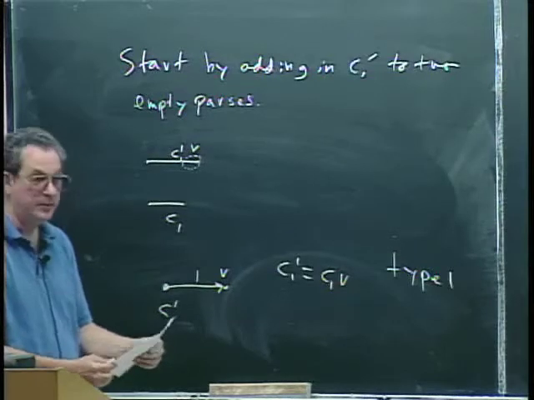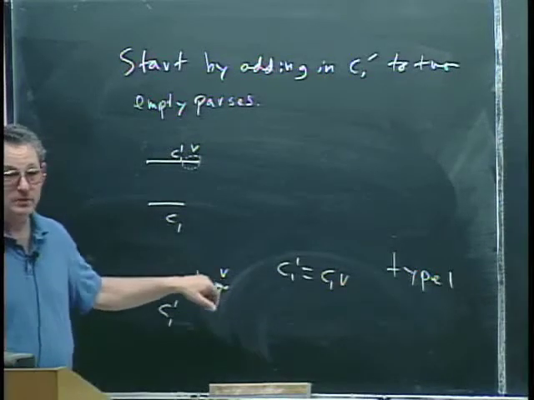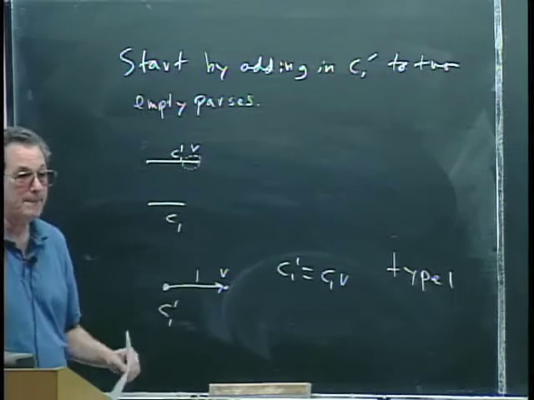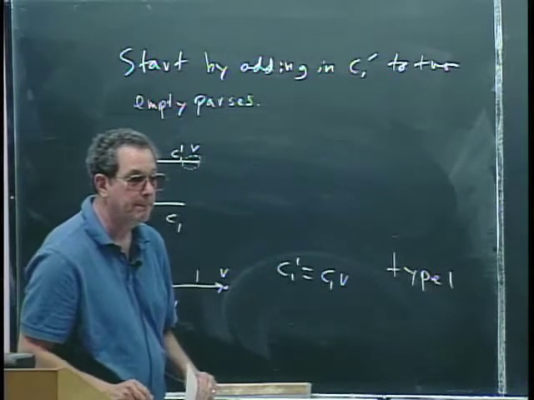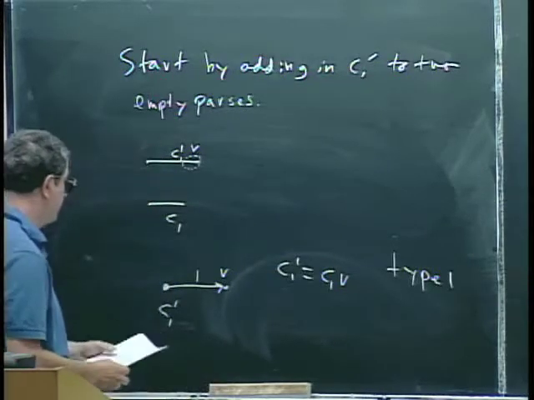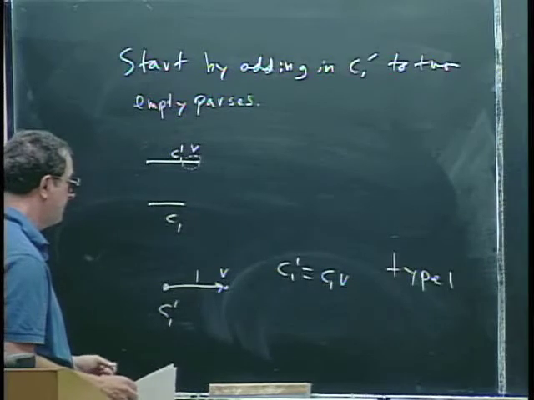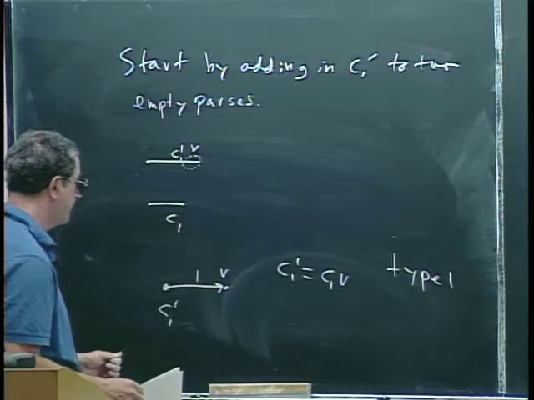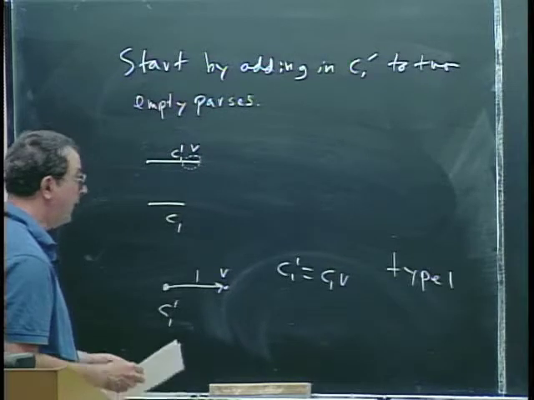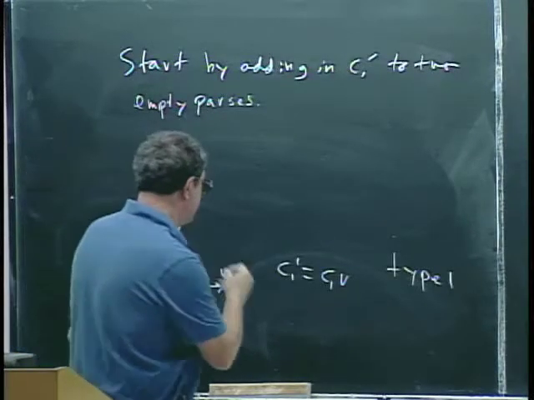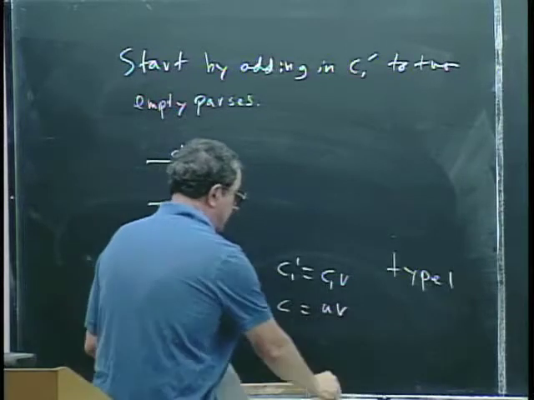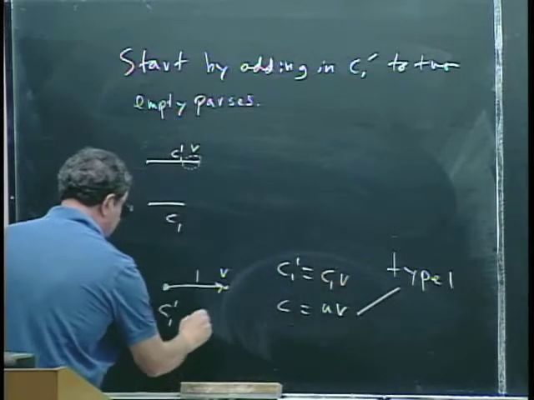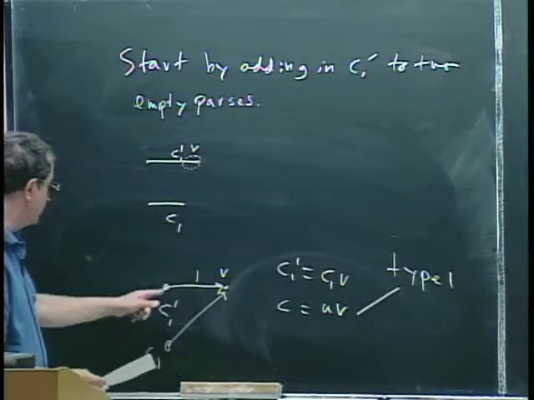You can also argue that there's a type 2 from a code word to V. I think only type 2 works, because if you write C1 prime as C1 multiplied by V, then the node would be from C1 to V, not from C1 prime to V. Type 1 is C equals UV, and the edge goes from U to V. As a type 1, that should be C1 goes to V. But can we interpret this as a type 2?